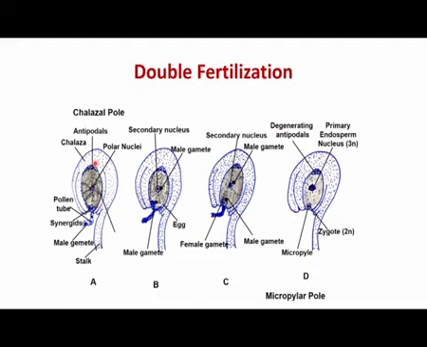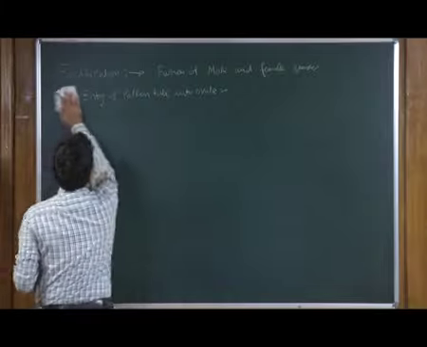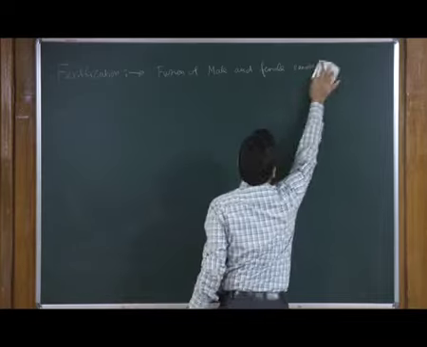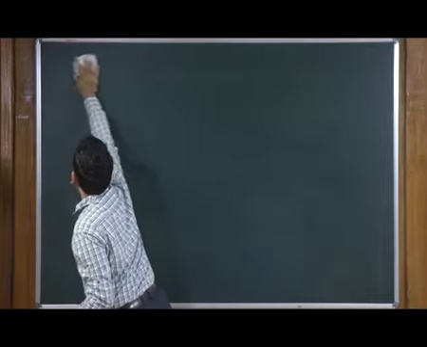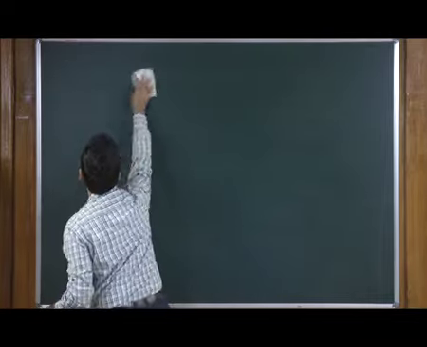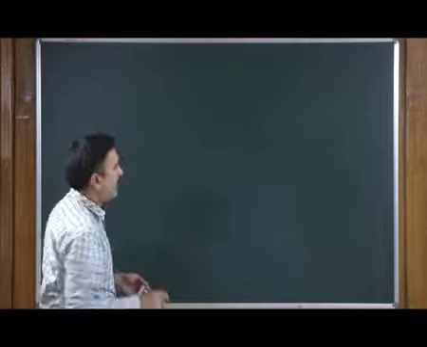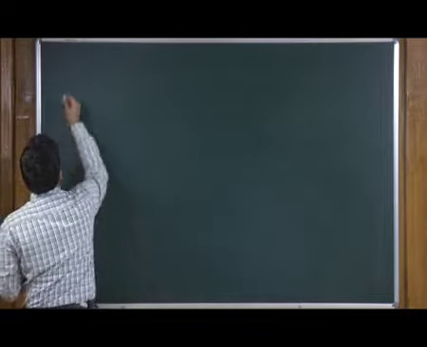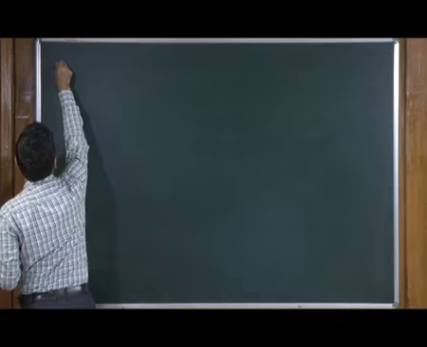Post fertilization, the resulting ovule develops into multiple things. So, let us discuss what happens after fertilization. Once the fertilization is over, many parts of the flower actually lose their function. For example, what parts are present in the flower?